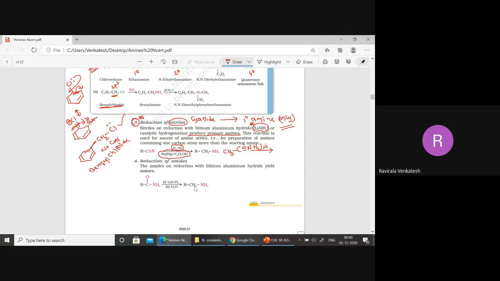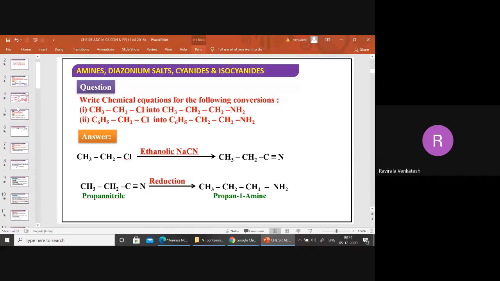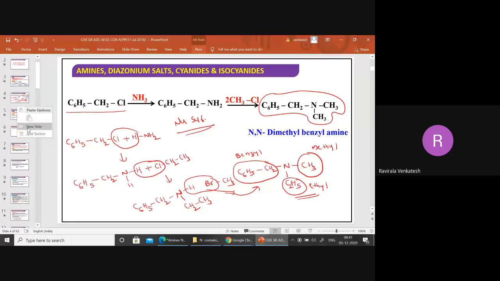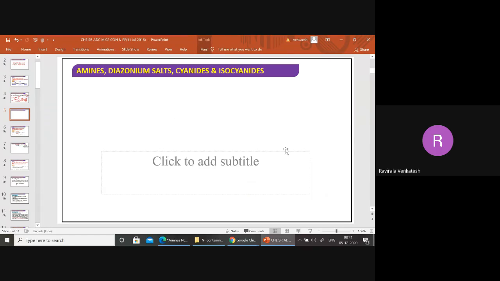When you break one pi bond, put one hydrogen here. When you break another pi bond, put one hydrogen here.